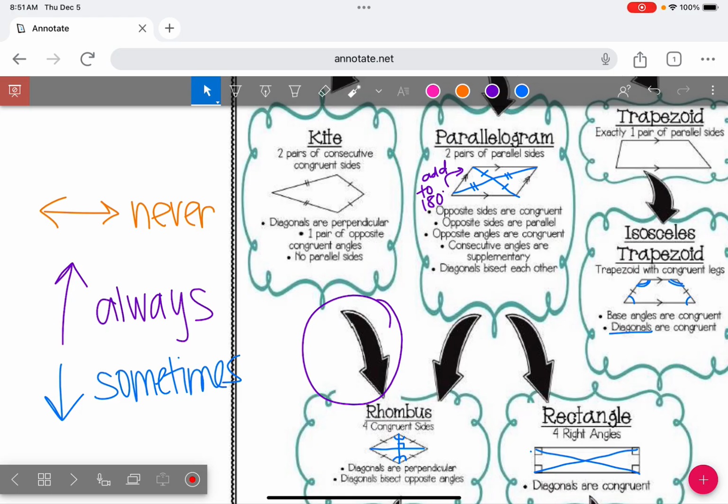We say that a kite doesn't have any pairs of parallel sides. It does, though, have pairs of consecutive congruent sides, and so does a rhombus. Also, something that would be the same is that the diagonals are both perpendicular. So we can use that one. It's the only special scenario, and we can use the word sometimes between a kite and a rhombus.